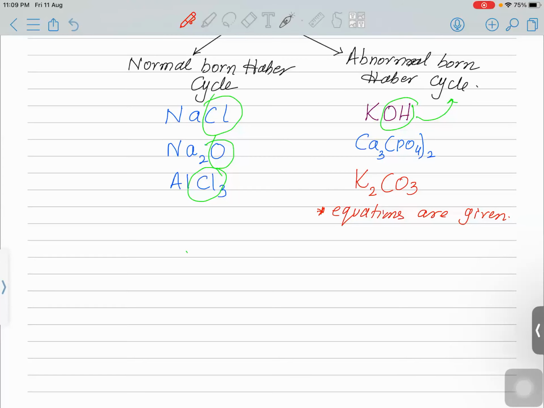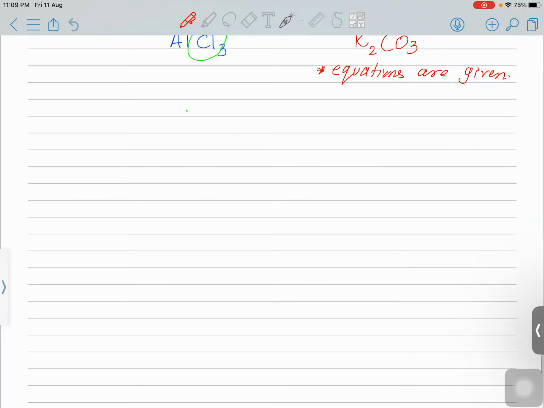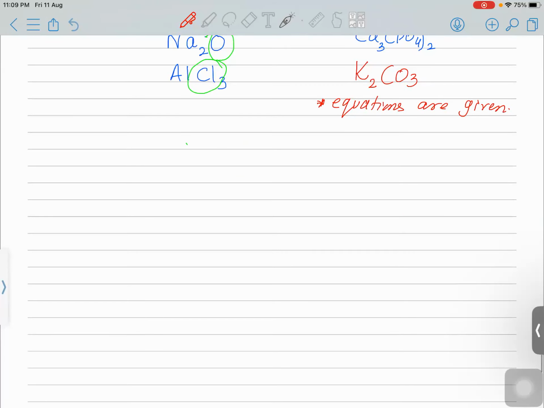And another way is that equations are given in the question, either one equation or two. Alia, are you getting my point? Yes, sir. Fahim, are you getting my point? Yes, sir. Okay. Now let's start the normal Born-Haber cycle.